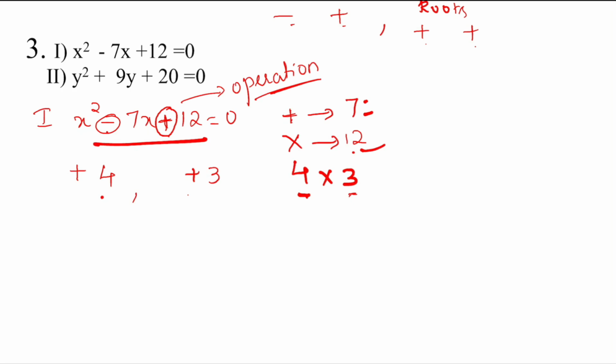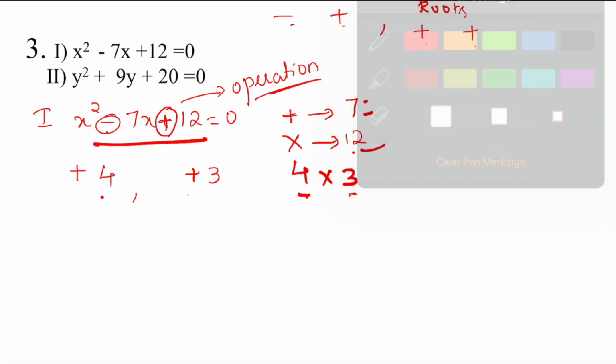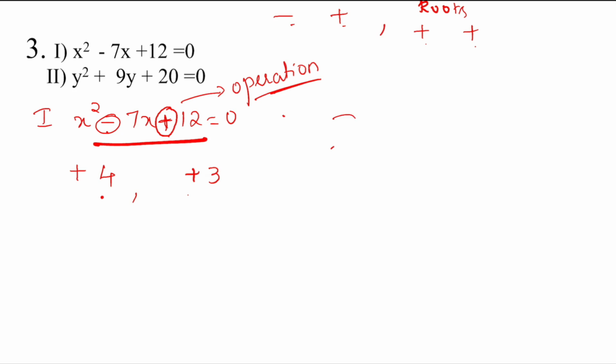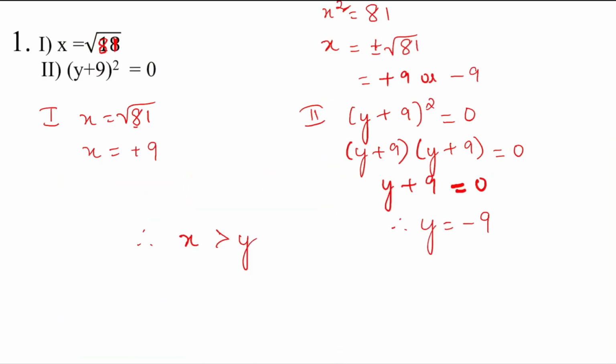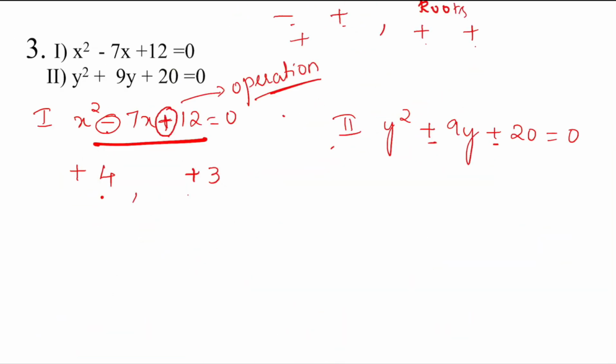Now let me see the second equation. The second equation is y square plus 9y plus 20 is equal to 0. Now in the equation we have plus plus. So if in the equation there is plus plus, the roots will be minus minus. So write minus minus.